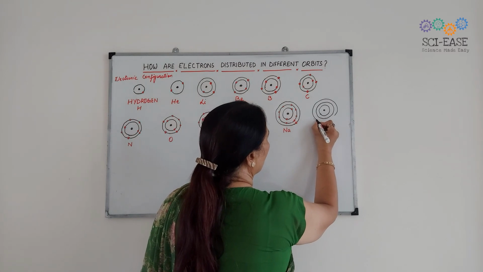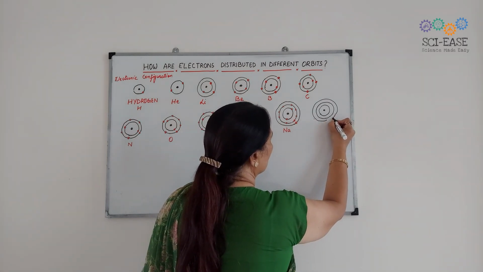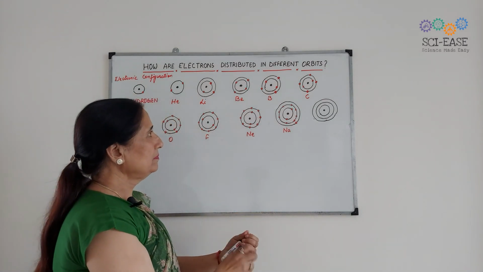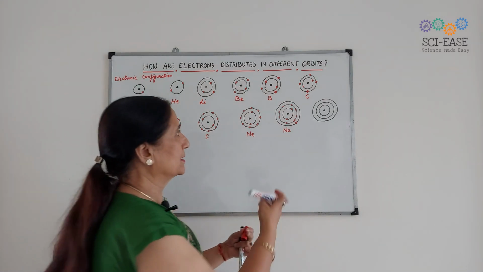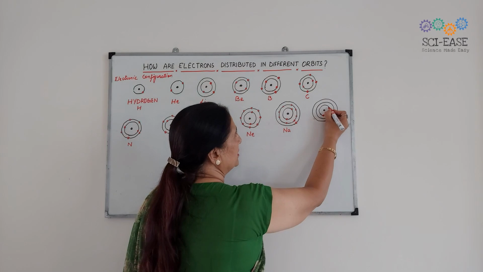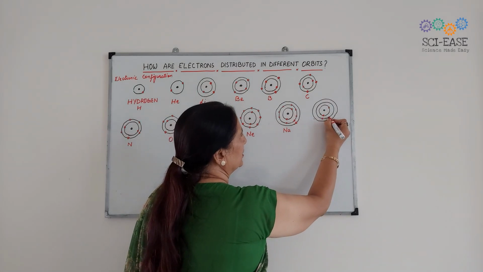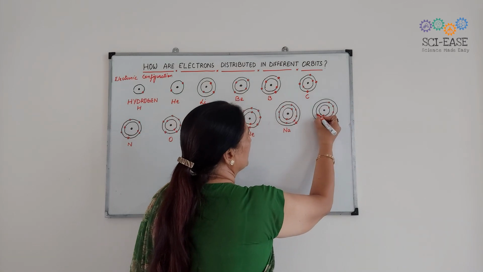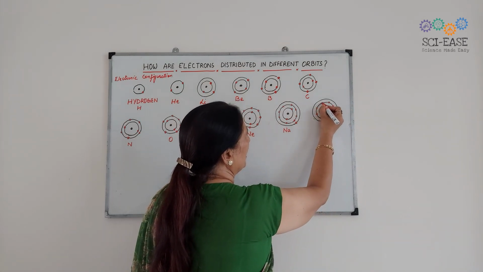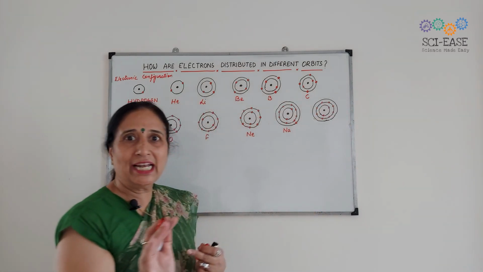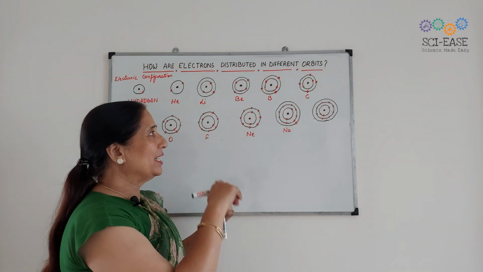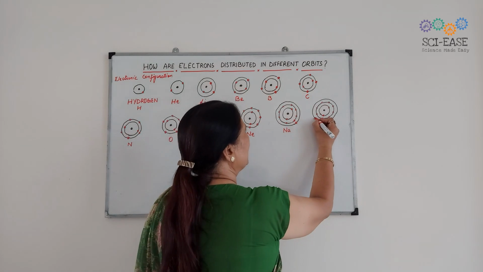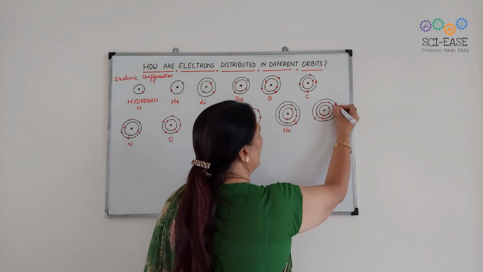Okay? Clear? Use a compass. 1, 2, then 1, 2, 3, 4, 5, 6, 7, 8. How many are left? 2. So the electronic configuration for magnesium is 2, 8, 2.